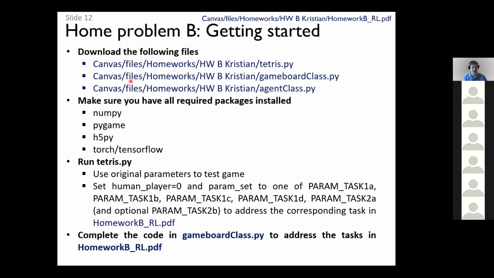And some information on how to get started. You can find files in the file directory homeworks, homework B, Kristian homework B reinforcement learning.pdf. That contains instructions for the homework, and then there are 3 Python files in the same directory, and you can run these files as they are. You just need to make sure that you have all required packages, for instance these 4, and then you can try to run the program.